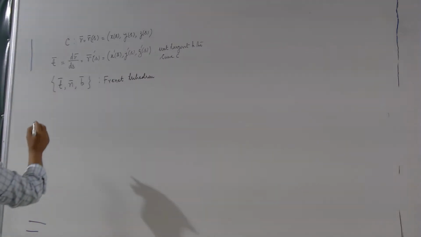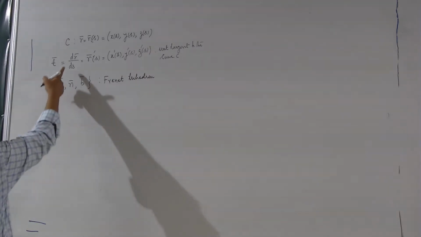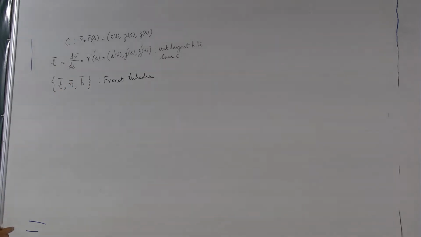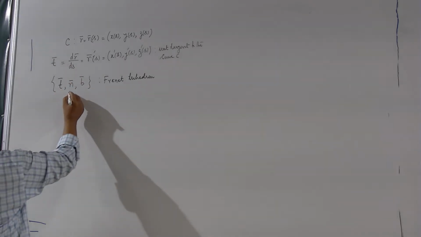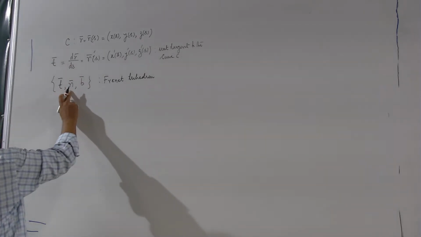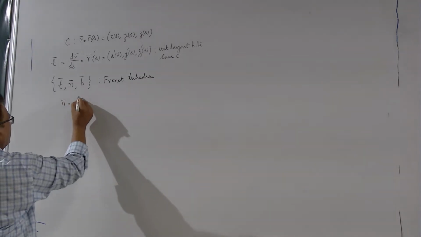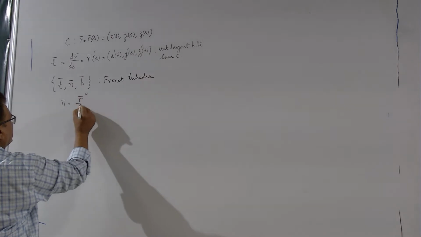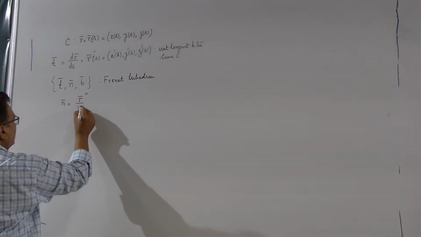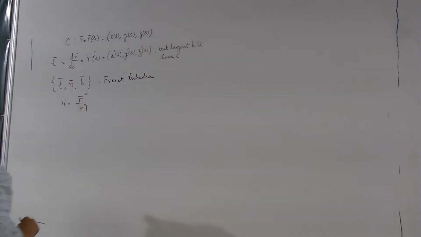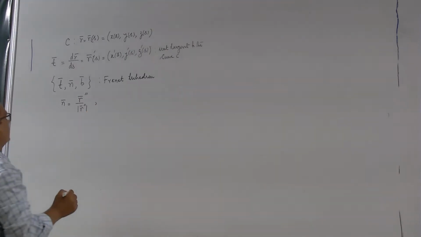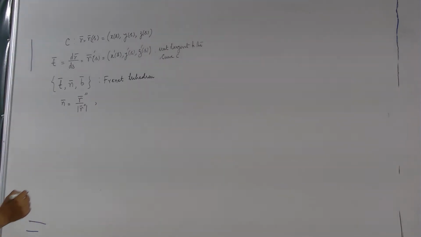These vectors are, this first one is unit tangent, I already have written down, and the second one is called the principal normal, and principal normal is given by r double dash upon modulus of r double dash. The binormal is orthogonal to T and N both.